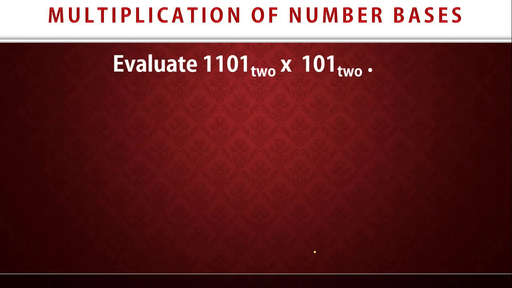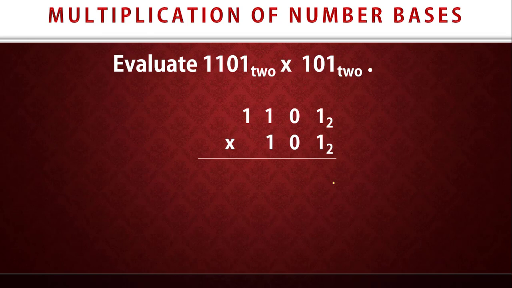In this example, we are asked to evaluate 1101 in base 2 multiplied by 101 in base 2. So arrange the number first. 1101 times 101, all in base 2. Then rule a line under them. Okay, the next thing to do now, we are going to be multiplying 1101 by this digit.